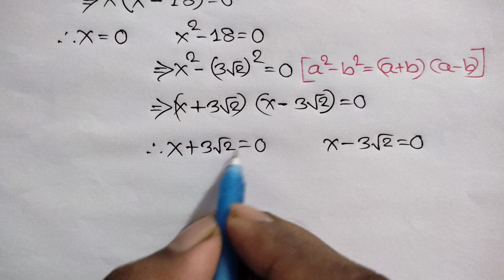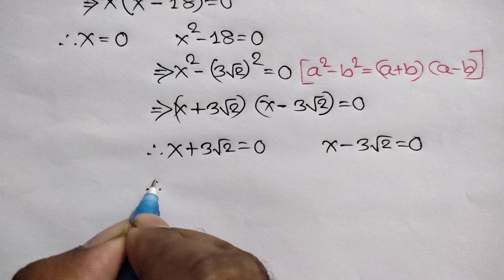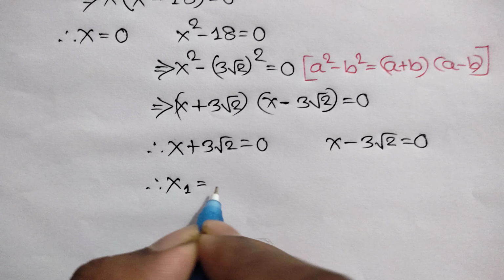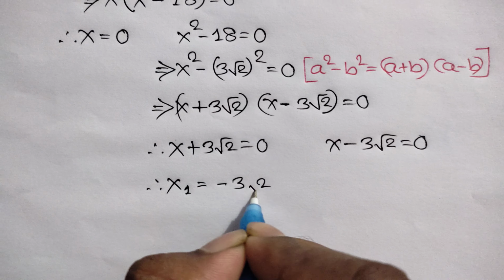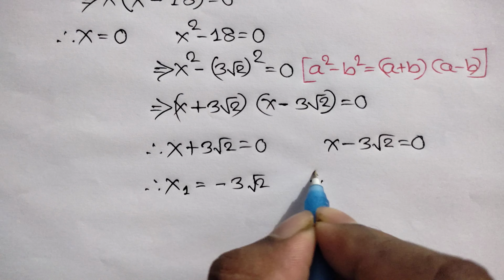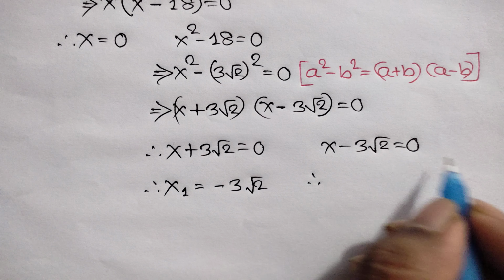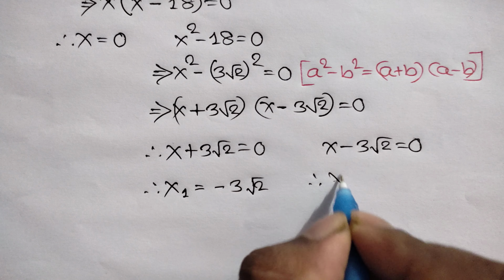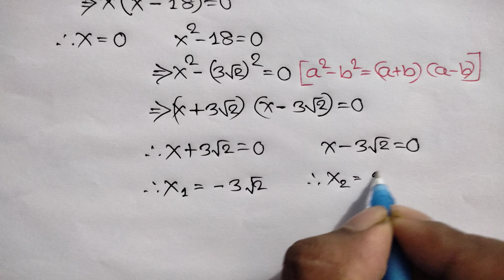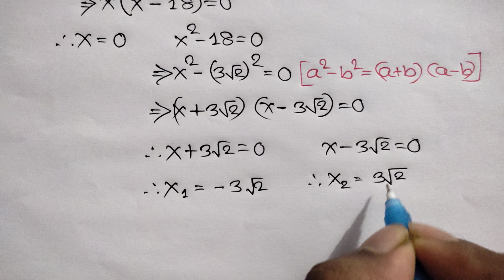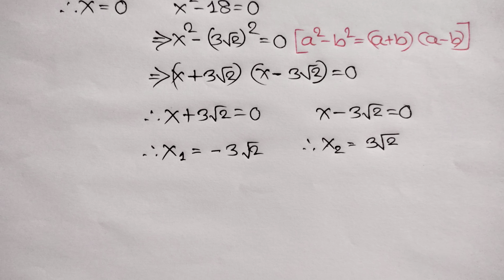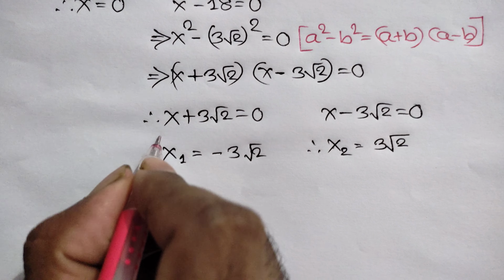Now taking this positive 3 square root of 2 to the right side, we will get the value of x1 is equal to negative 3 square root of 2. And similarly, taking this negative 3 square root of 2 to the right side, we will get the value of x2 is equal to 3 square root of 2. So there are two values of x.